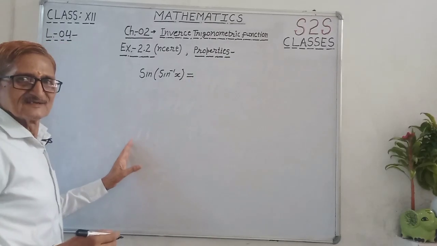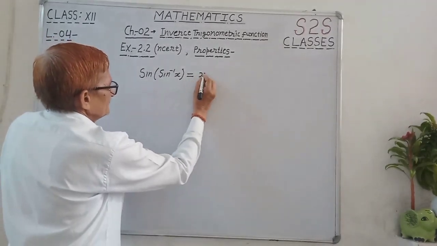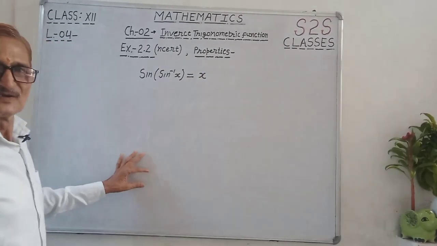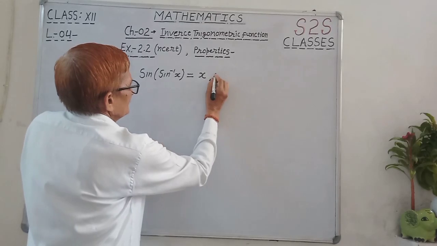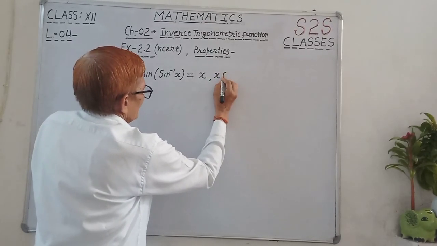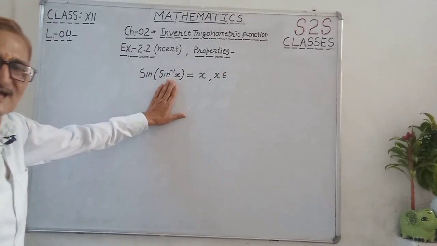In the property, this will be x, where x belongs to... understand, it is sine inverse x.